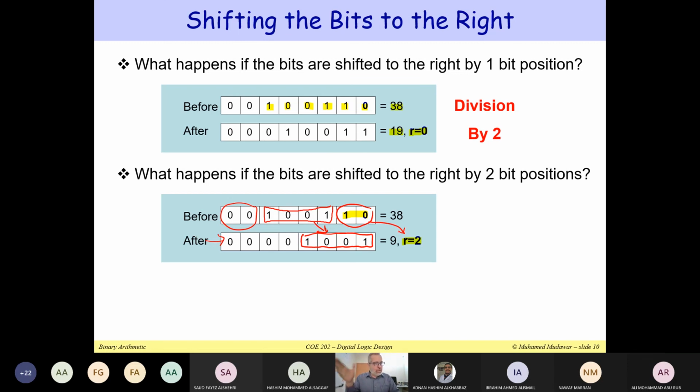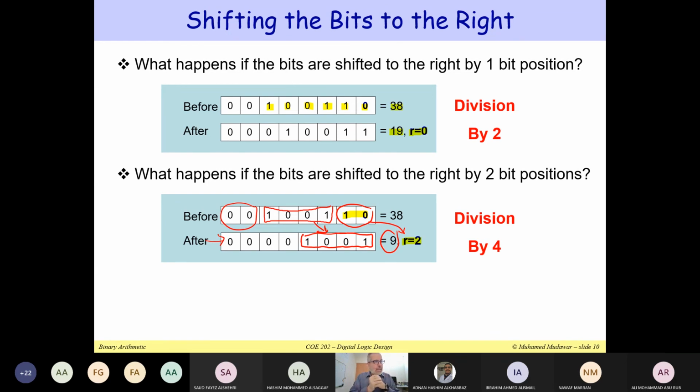So the least significant 2 bits are now the remainder. In this example, we get the remainder equal to 2. Now we get the result equal to 9. So if you multiply 9 by 4, you get 36, plus 2 will give you 38. So this is division by 4, and you get the remainder, which are the bits which are shifted out.